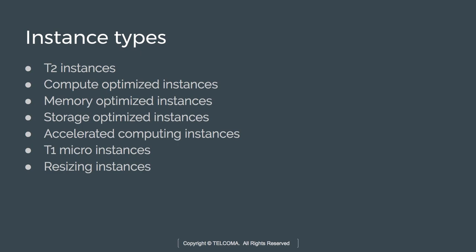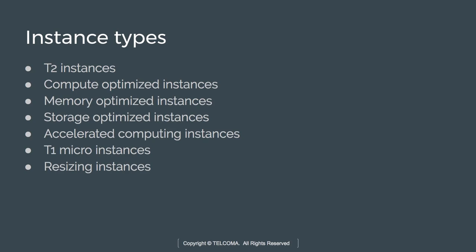Then we have memory optimized instances. These offer fast performance for large datasets, suited for high performance MySQL and NoSQL databases, real time processing of big unstructured data, and electronic design automation processing. Memory optimized instances are used for these applications.